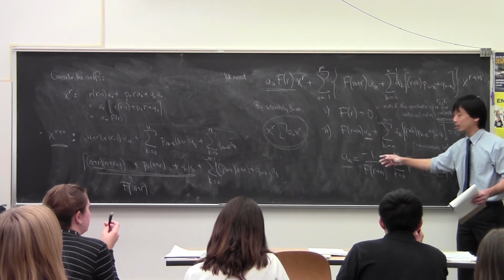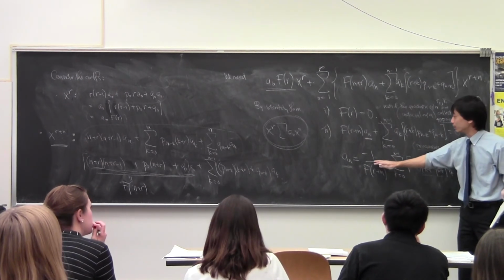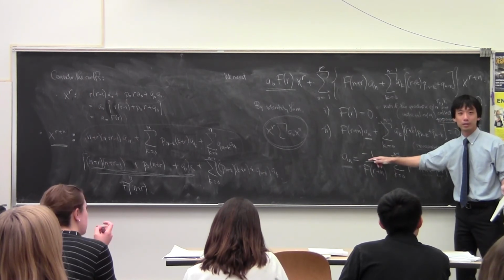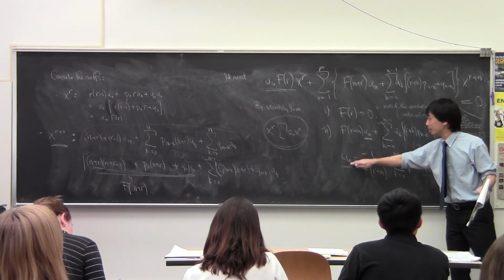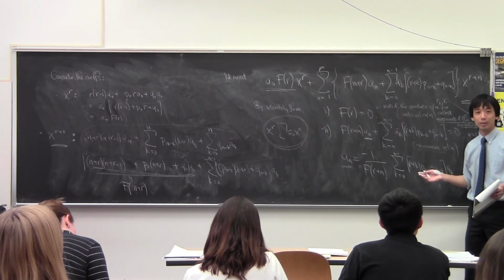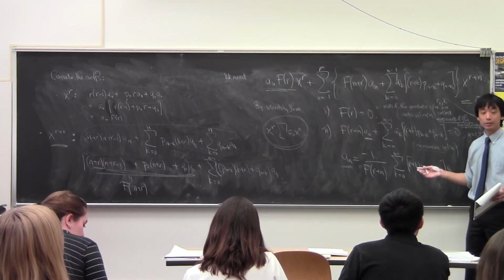And at that point, you lose. How do you figure out the next coefficient? You can't, because you get 0 times a sub n is something. Well, that doesn't give you any information about a sub n. Okay, so that's trouble.